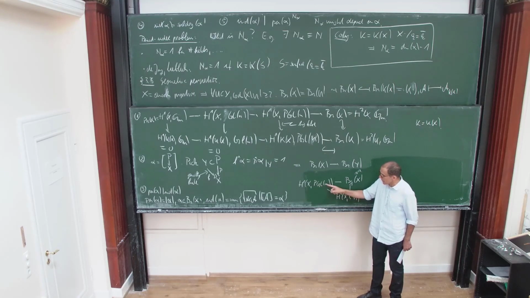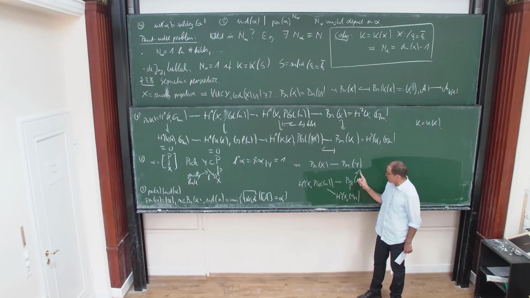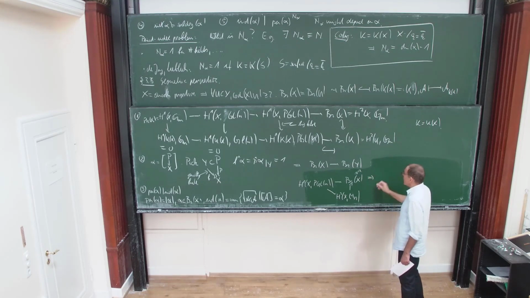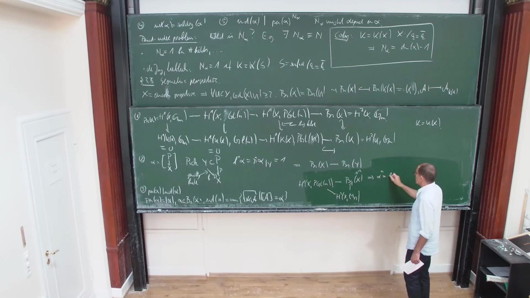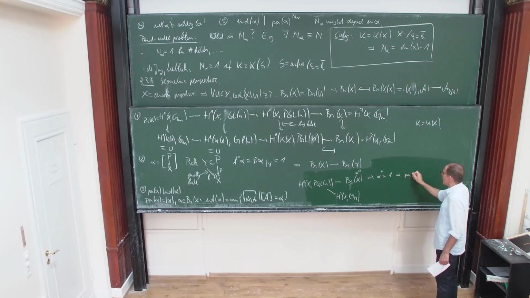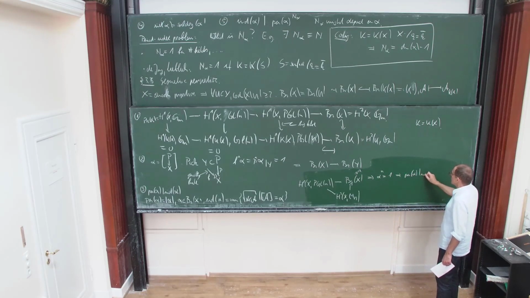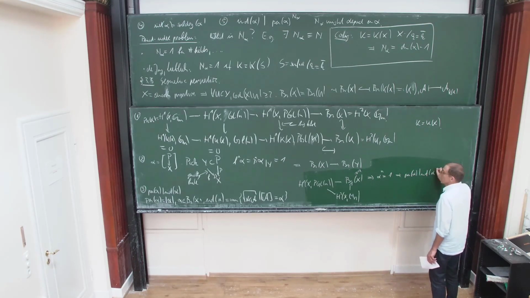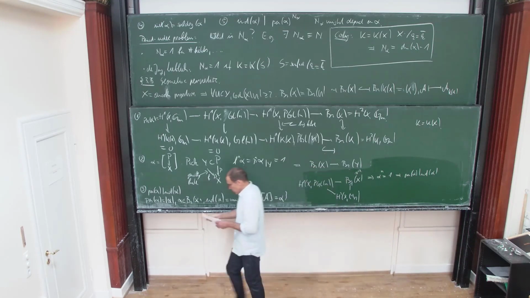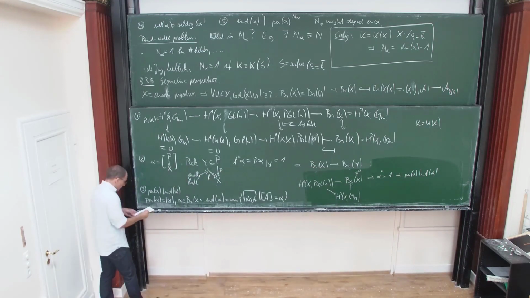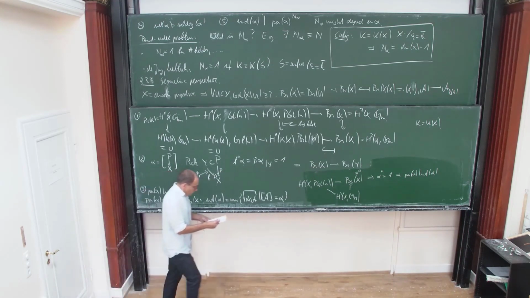And if I have the class here that maps to alpha, then this map factorizes through this H2 of mu n. That means this class alpha is n-torsion. Alpha times n is 0, and that means the period of alpha really divides the index. So that's a purely homological argument. Okay.